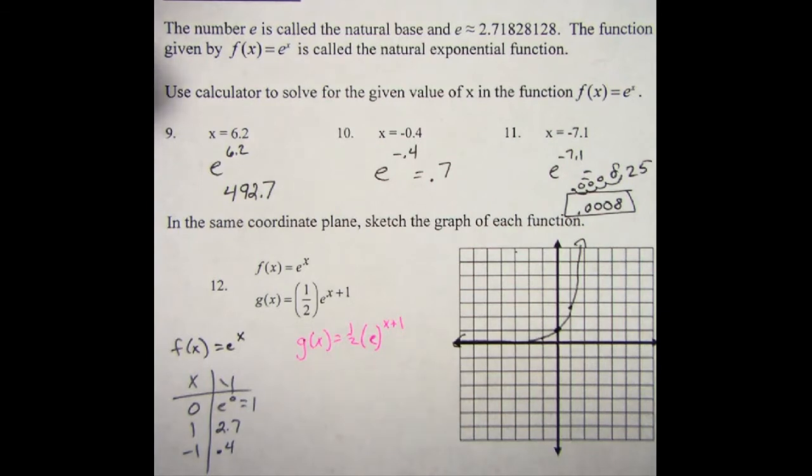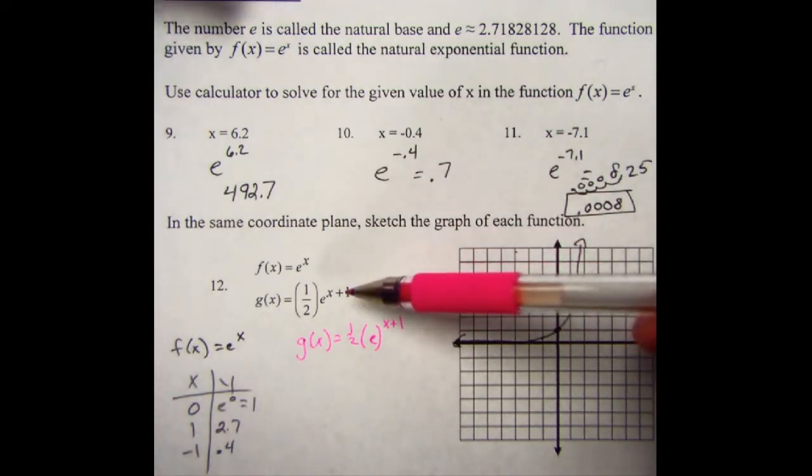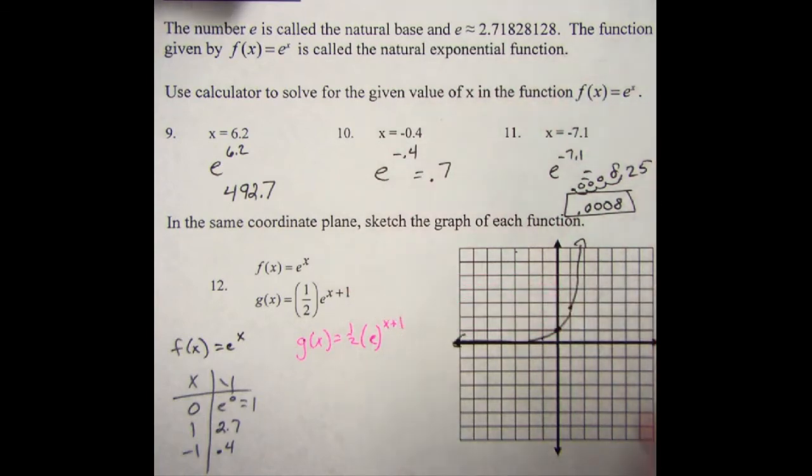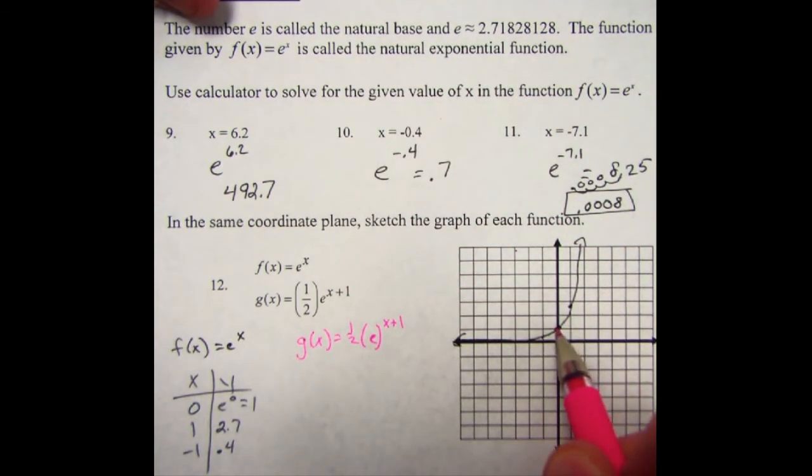Remember, the number out in front is going to shrink it down vertically, and the x plus 1 is going to shift it to the left. So what happens is I'm just going to take this point right here, shift it to the left one, and it's going to go halfway up. So that'd be about right there.